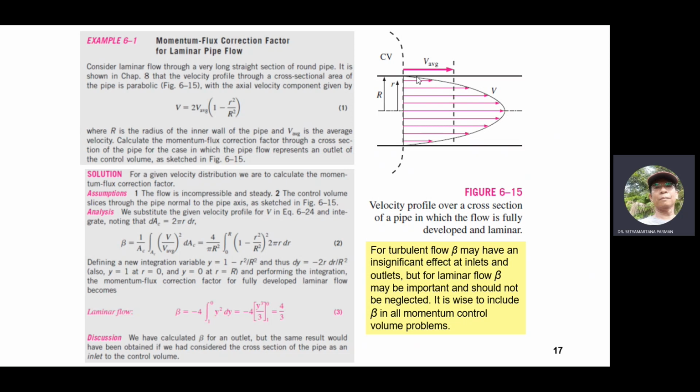Okay, so for this case, we make the assumptions. The first assumption: the flow is incompressible and steady. The second assumption: the control volume slices through the pipe normal to the pipe axis, as sketched in this figure.